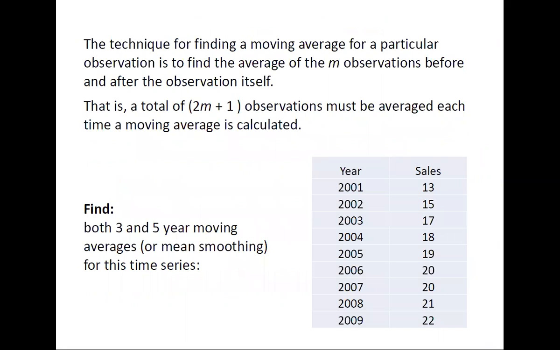Now, it says the technique for finding a moving average for a particular observation is to find the average of m observations before and after the observation itself, that is a total of 2m plus 1 observations must be averaged each time a moving average is calculated. So we have data here, and in the next slide we will be looking at the 3-year and the 5-year moving averages. Good.